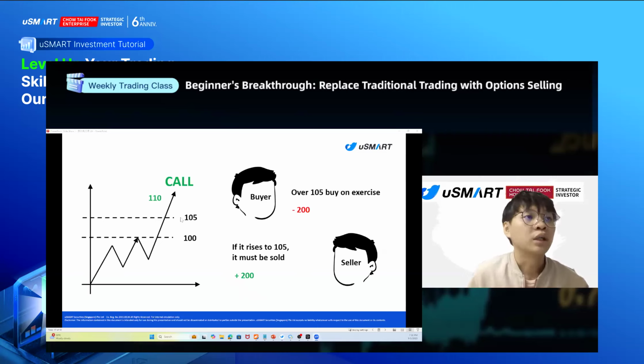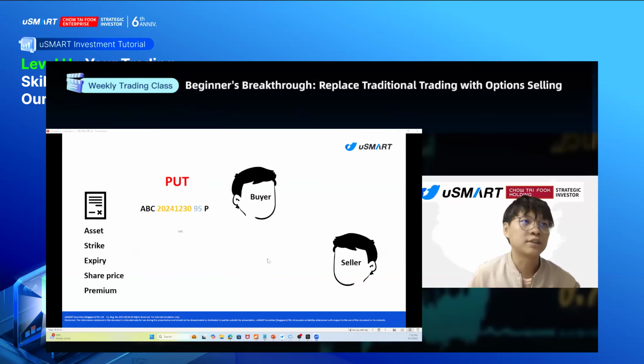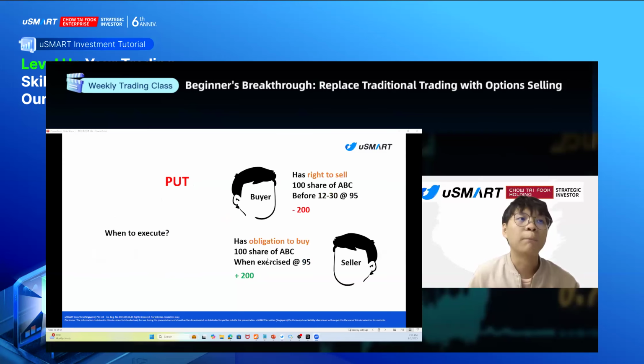So instead of placing a sell limit, you can sell a call, whereby when you hit the target price that you desire, you sell your position on hand and you are able to get a premium upfront. So you can see that a seller of call options is actually a TP order, a sell limit order, whereas a seller of put options is equivalent to a buy limit order.